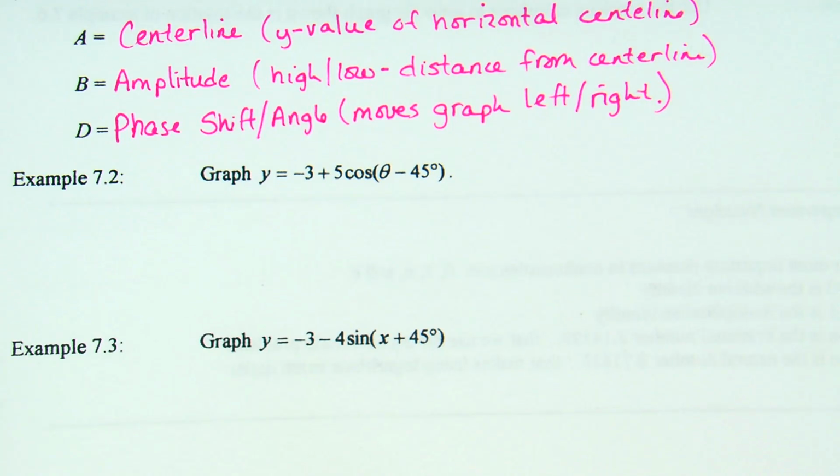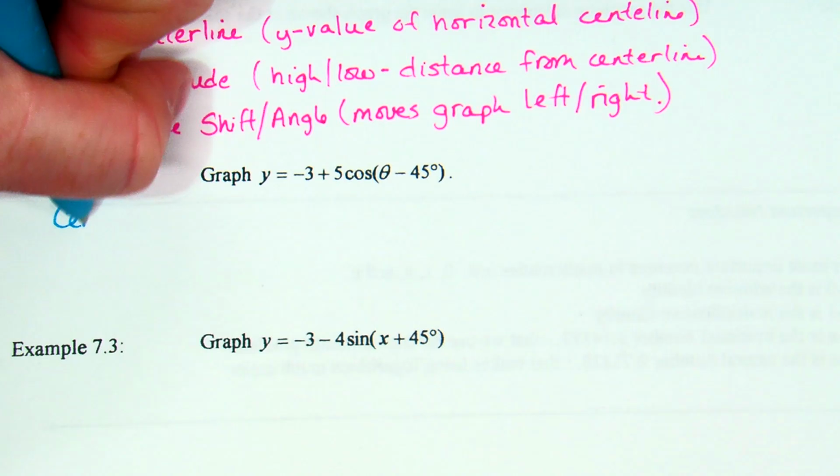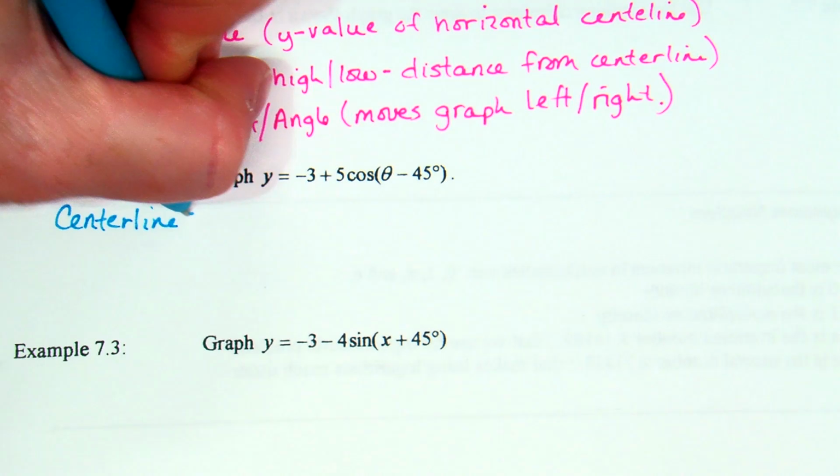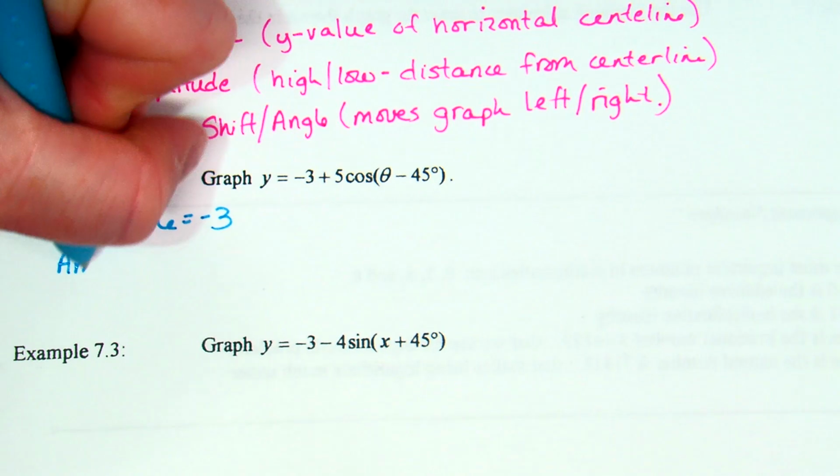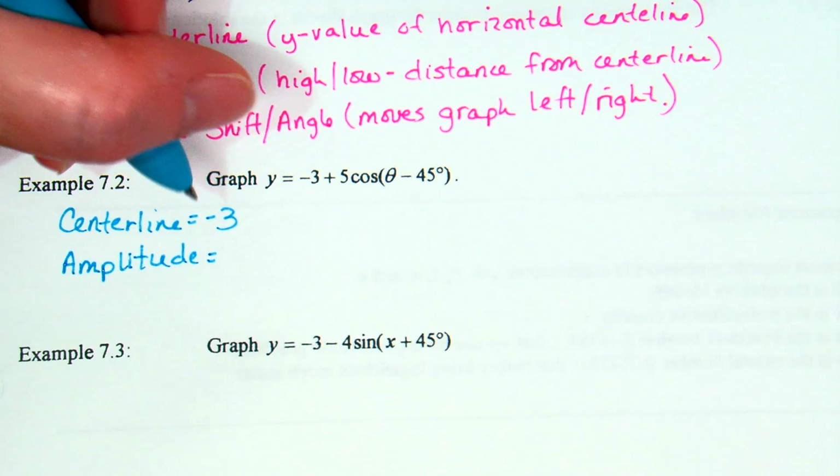What can you tell me on this graph here? Okay. Center line is at -3. What else? Has an amplitude of 5.